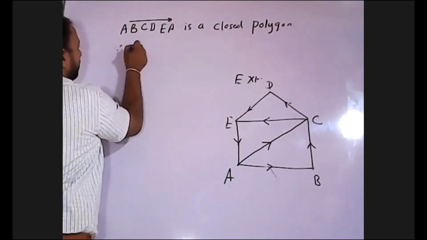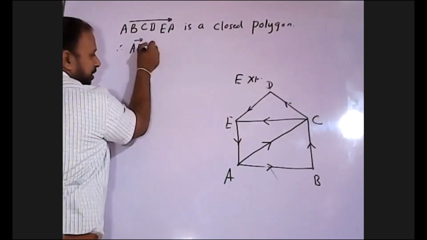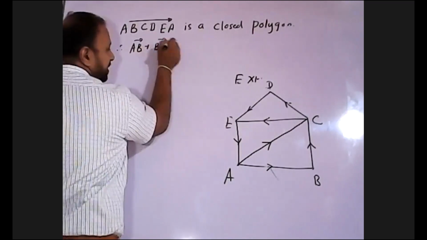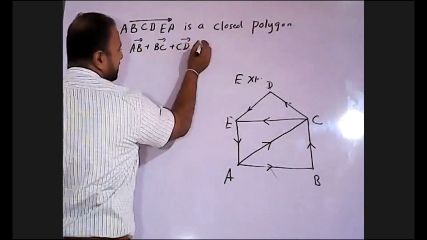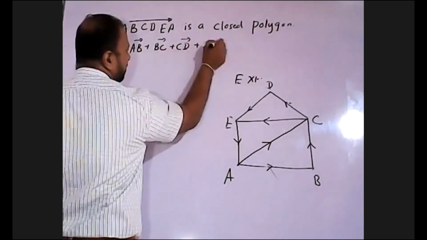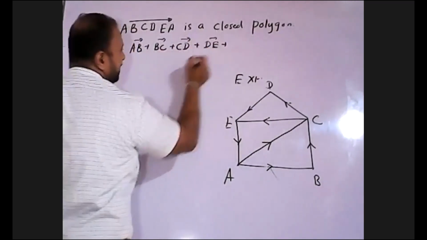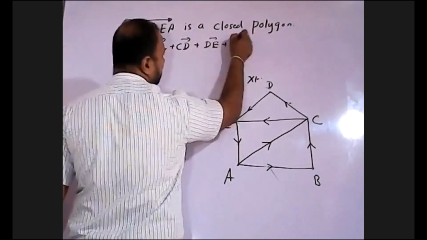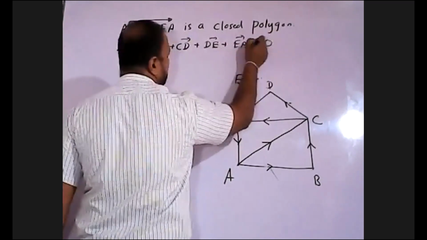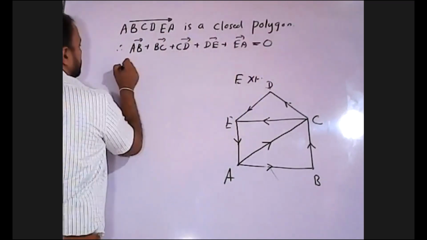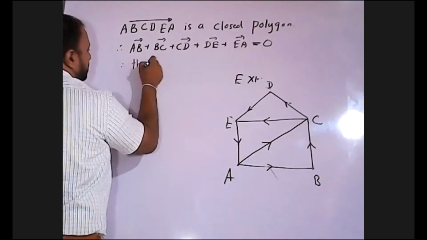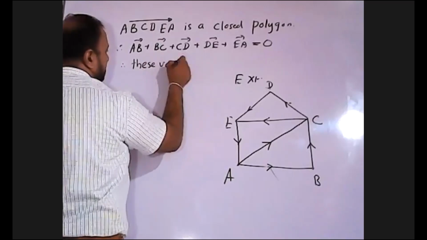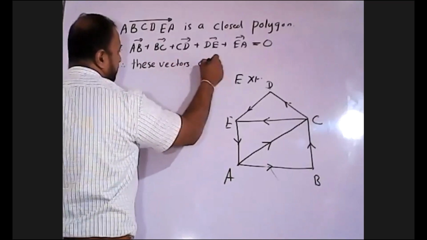Therefore, AB plus BC plus CD plus DE plus EA is 0. So these vectors can be removed.